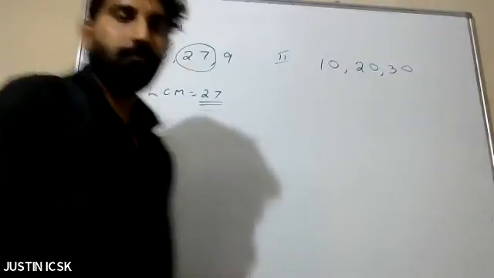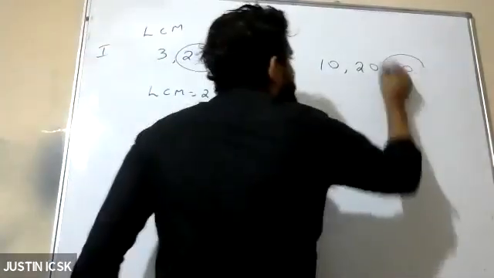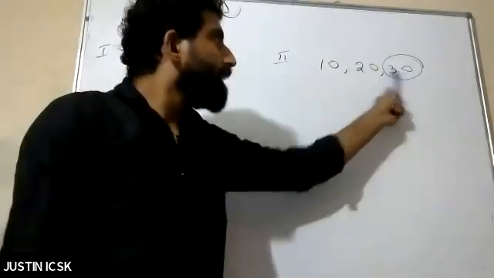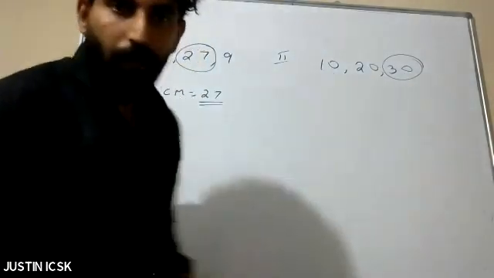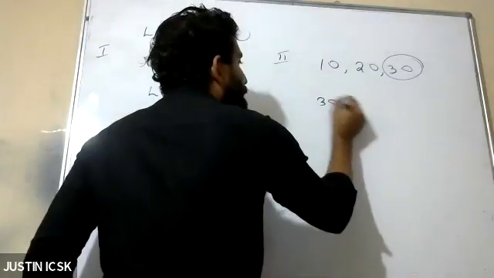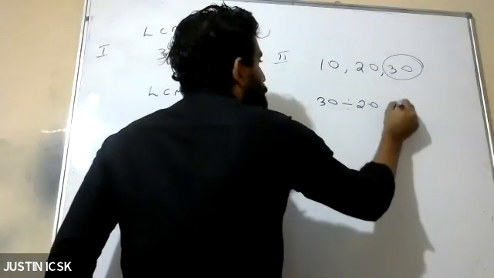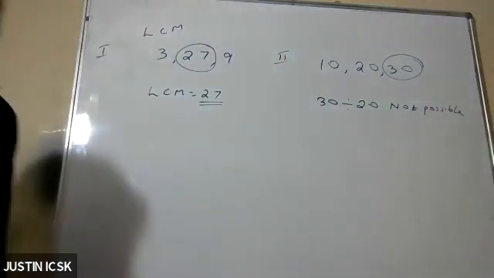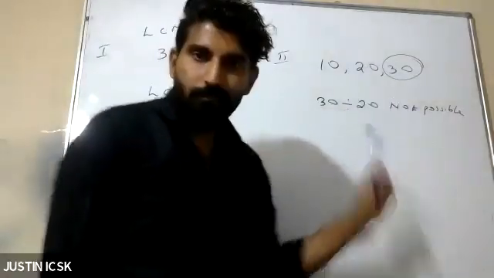Here, 30 is the biggest. 30 by 10 possible. But you see, 30 divided by 20 is not possible.